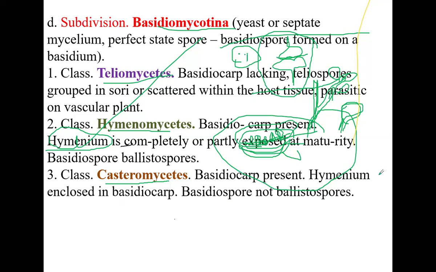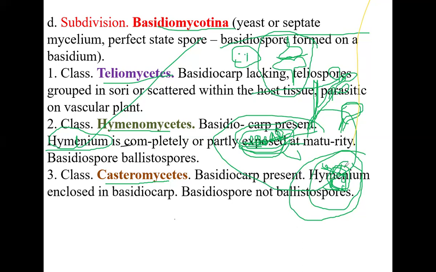Here the basidiocarp is present. The hymenium is enclosed inside the basidiocarp, not outside like this. That means the spores are inside the fruiting body, endosporous. This is not released by a water drop mechanism.